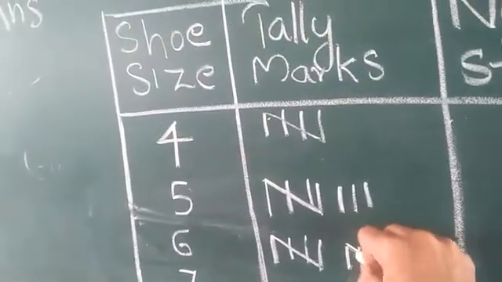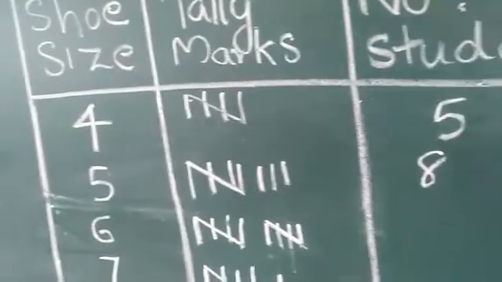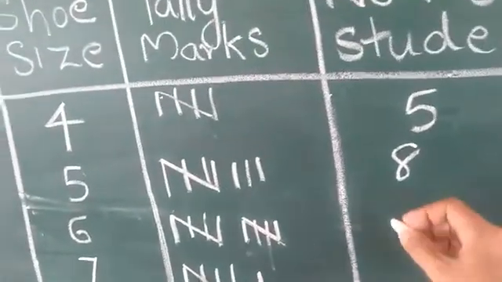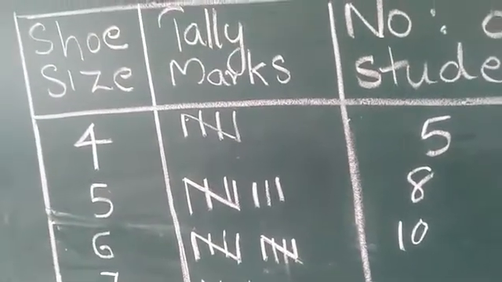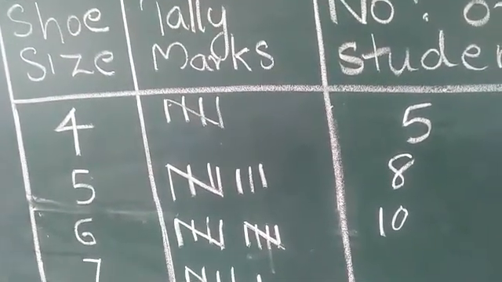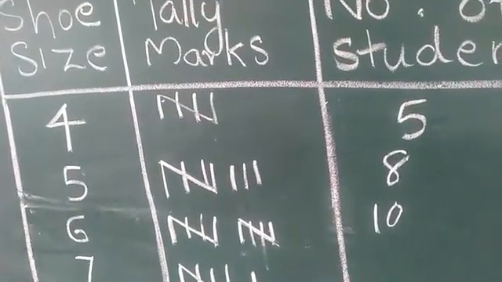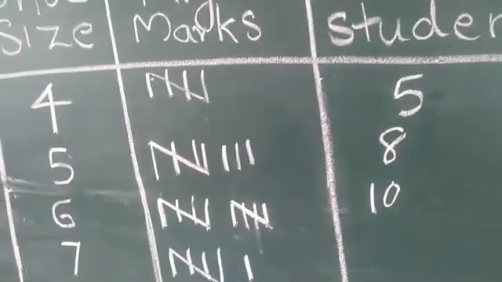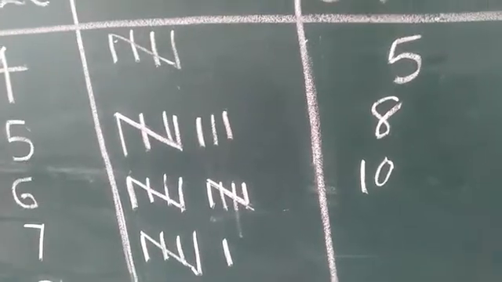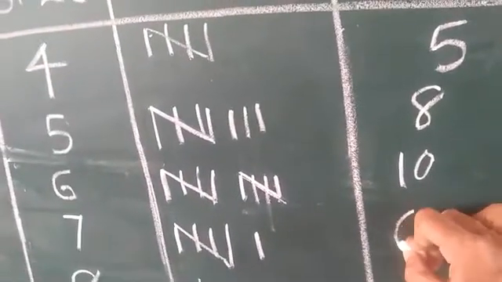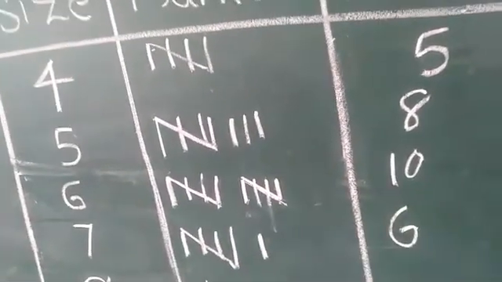Here a cross is there. 5 plus 5, 10. 10 students want size 6. Then 7. 5 plus 1, 6. So we can write 6.